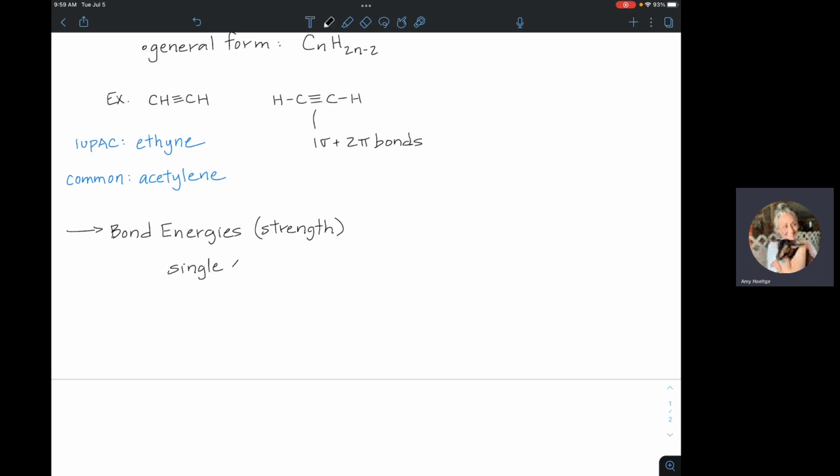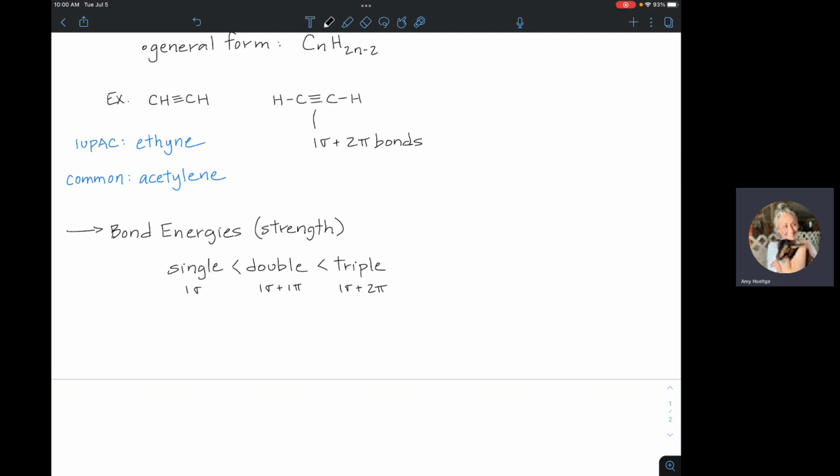A single bond is less energy than a double bond, because a double bond is 1 sigma plus 1 pi. That'll be less in energy than a triple bond, which is 1 sigma and 2 pi bonds. So the pi bonds are lower in energy, right?